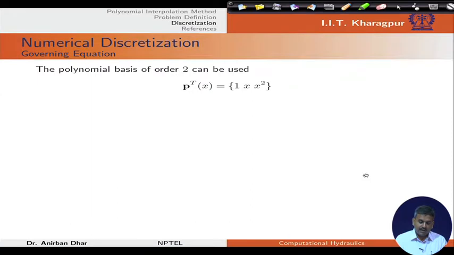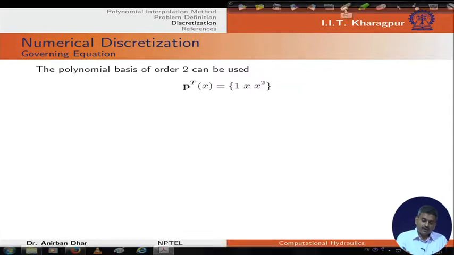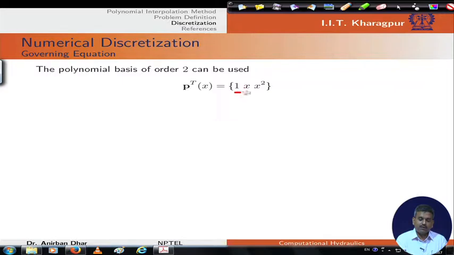Now in this case we can define our polynomial basis of order 2, where we have 3 terms: 1, x and x square. This is a one dimensional problem, that is why we are only using x in this case.